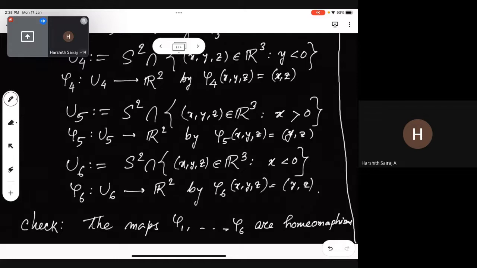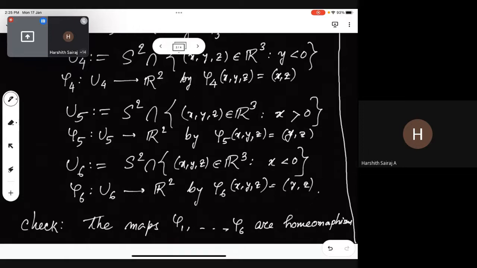So for every (y, z), of course not in the whole of R2, it is in the disk. If you look at phi6 inverse, the image will be the disk in R2, that means (y, z) in R2 such that y square plus z square is less than 1.